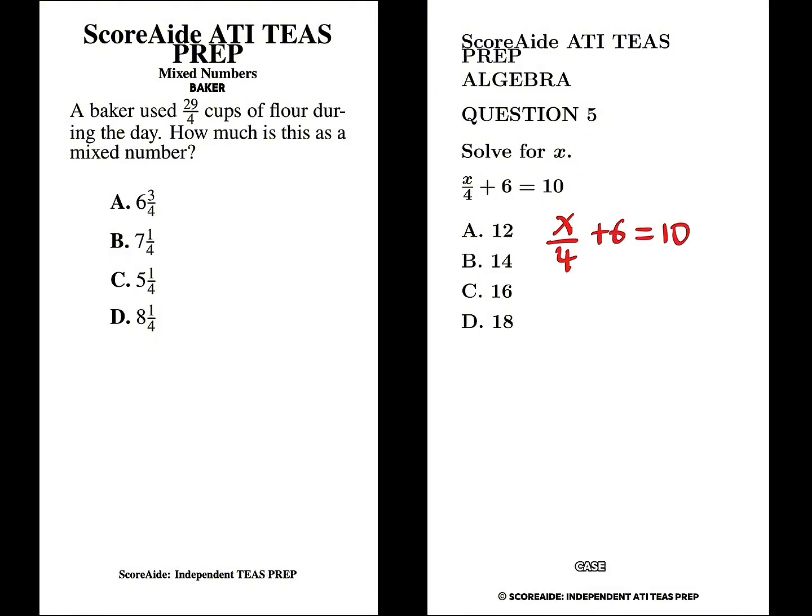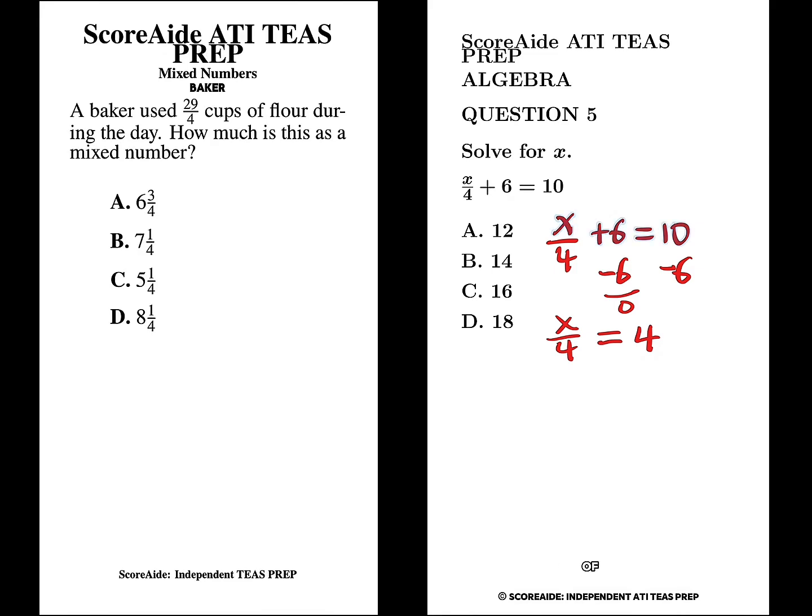In this case, you see that the term independent of x is plus 6. So we have to subtract 6 from both sides of the equation, right? Subtract 6 on both sides of the equation. Now, when we do that, this will be 0, and we have x over 4 is equal to 10 minus 6, which is going to be 4. Now, x is not independent here because x is divided by 4.